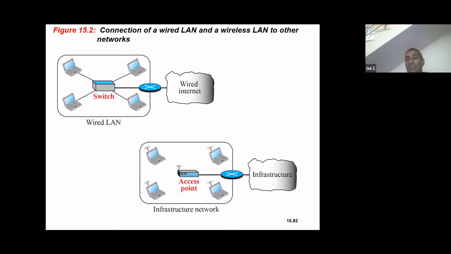I am calling all three the infrastructure. This access point is acting as a glue, a connecting point. It is connecting this infrastructure, which can be any of these three, to this. And this is how the whole thing is supported.